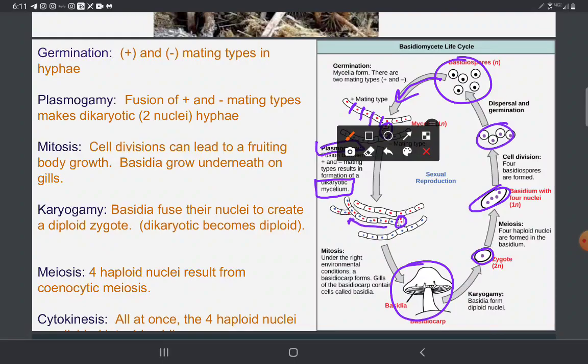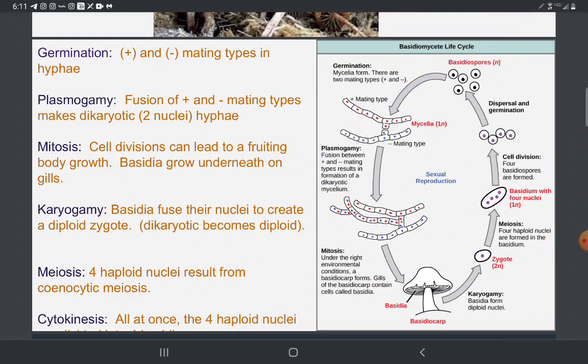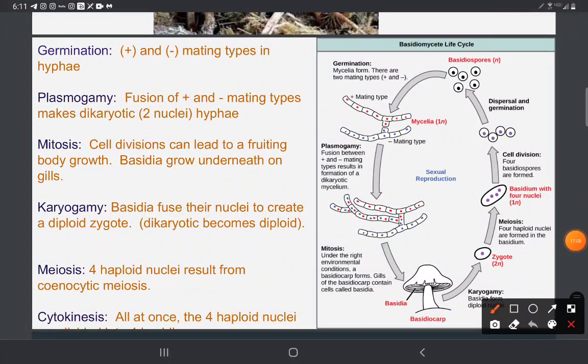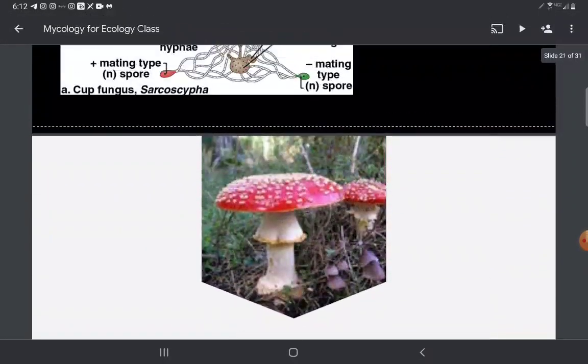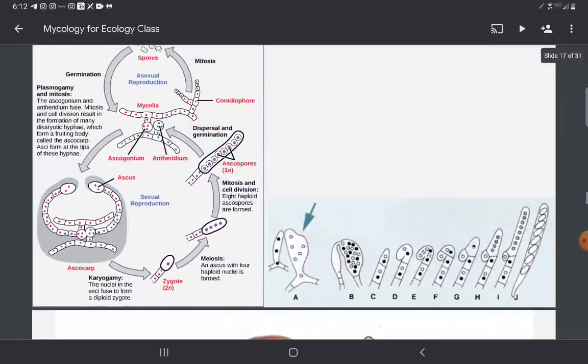I'm trying to see where the difference is here. Can anybody spot the difference? I think it's going to be like right here. So let's see. We've got a zygote, which is 2N, and then it becomes basidium, and then up here, let's see.